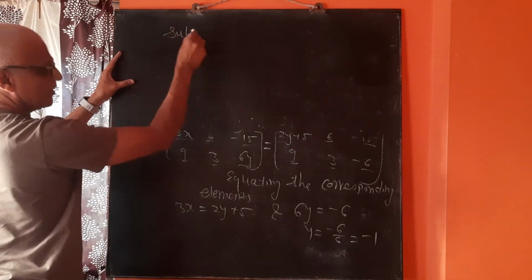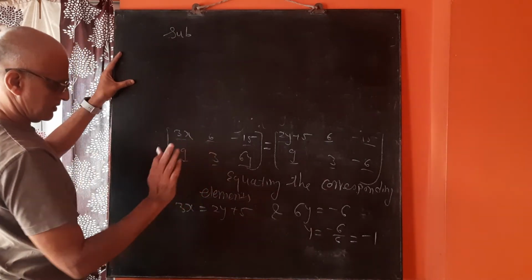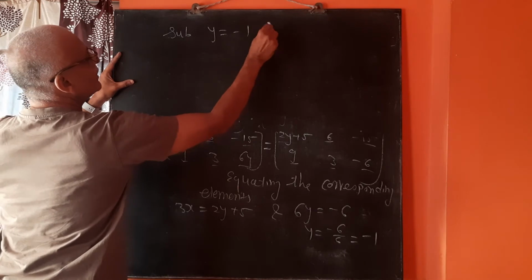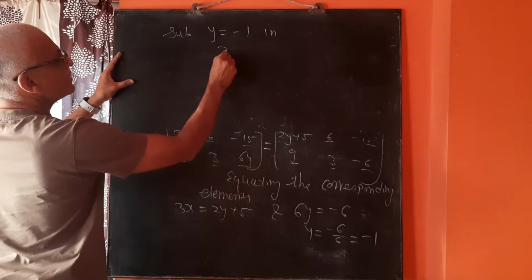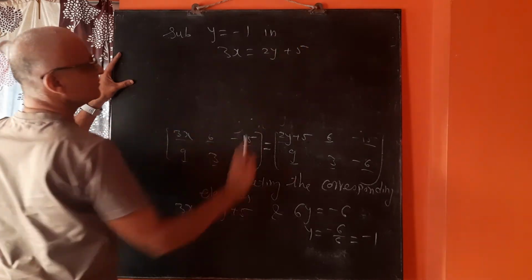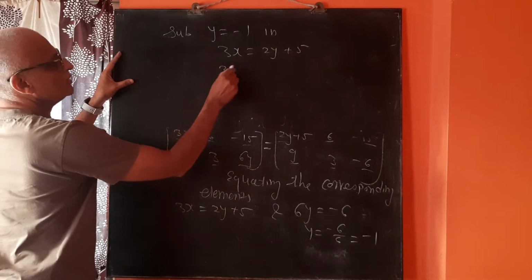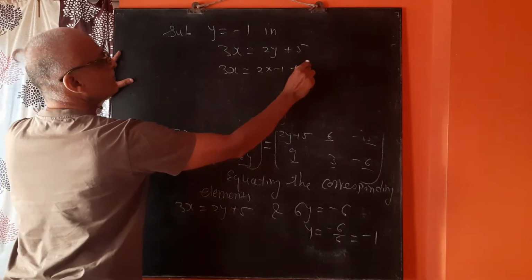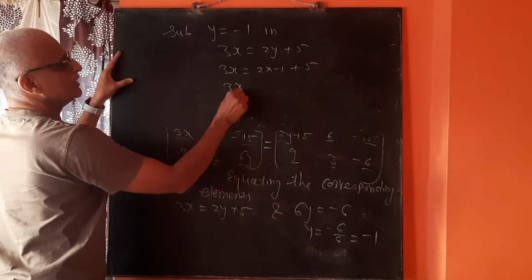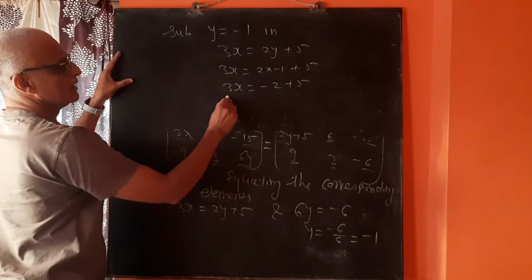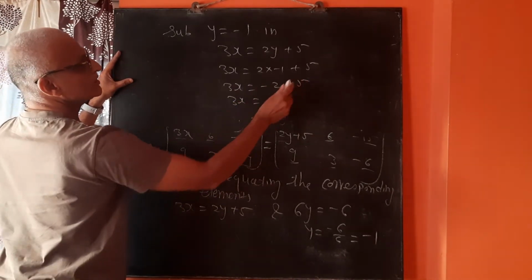Substituting y equals minus 1 in 3x equals 2y plus 5, we get 3x equals 2 into minus 1 plus 5. 3x equals minus 2 plus 5, which is 3.